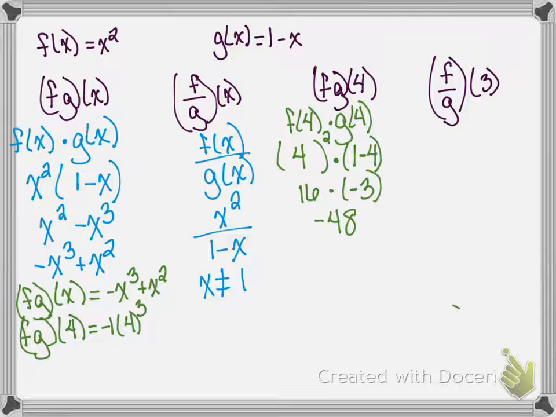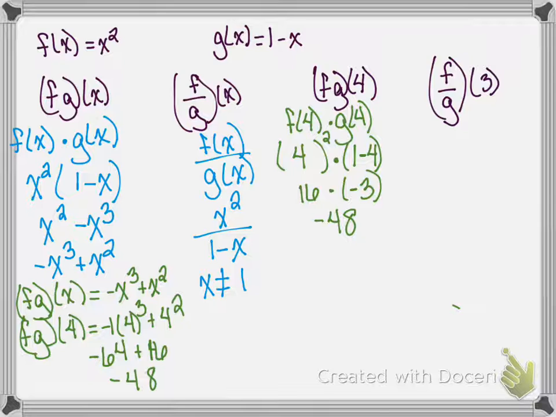Anybody know what 4 cubed is? 4 times 4 times 4. It's 64. Okay, and then I've got a negative right there. You see the negative? So it's going to be negative 64. 4 squared is 16. So I get the same thing.